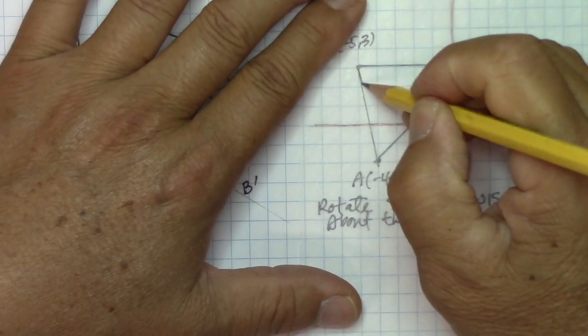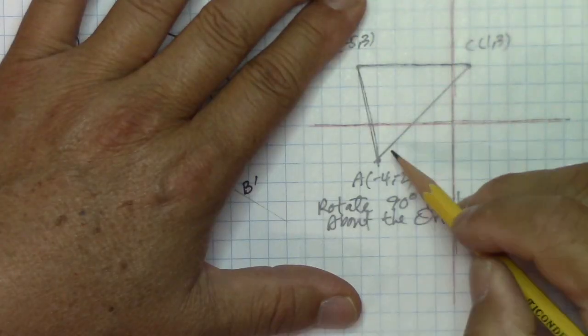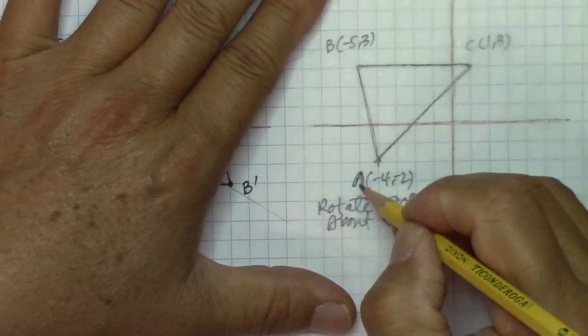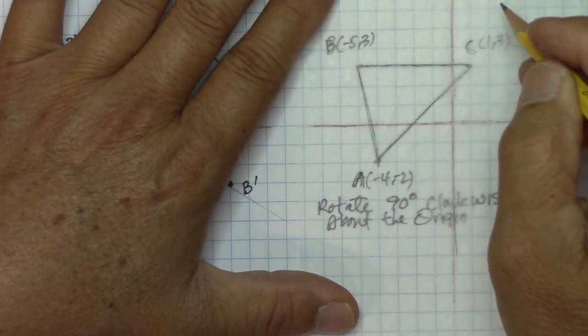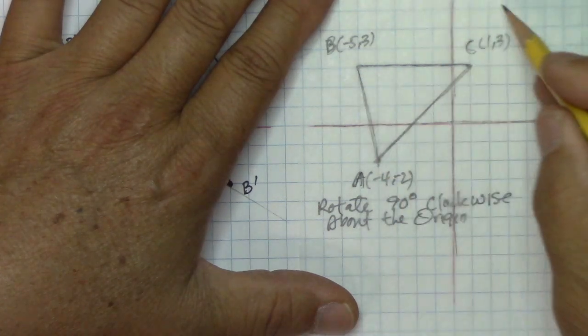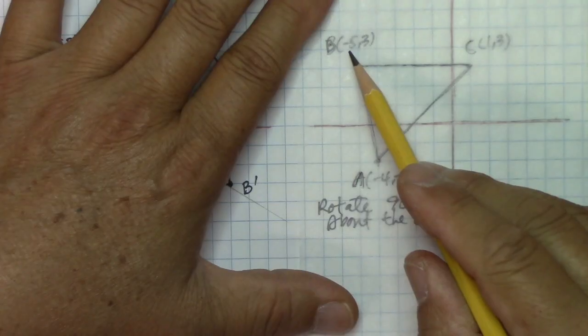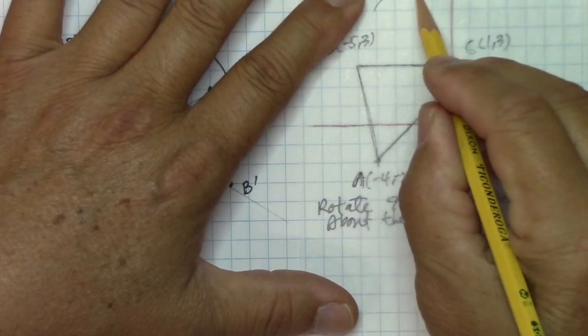And I'm going to trace the actual polygon as well, and label them as A, B, and C, knowing that when I rotate it over, it'll be relabeled as A prime, B prime, and C prime. And remember, we're going to rotate only 90 degrees, and we're going to go clockwise.